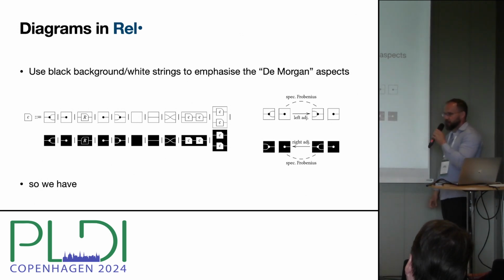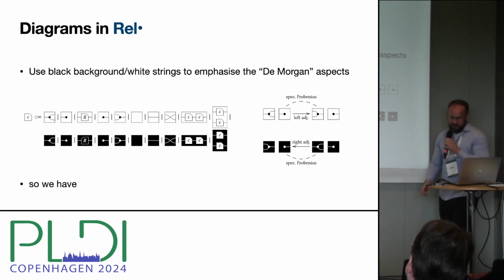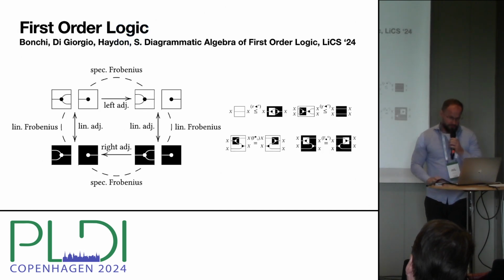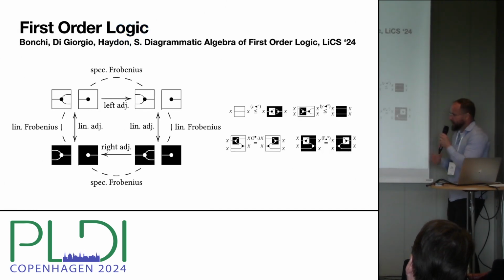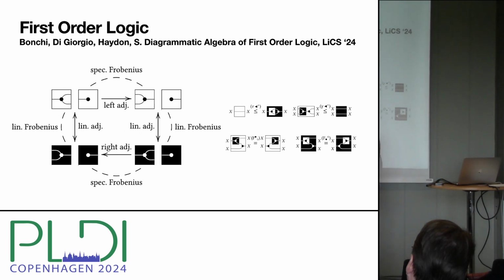So what's missing to get the full picture of first order logic? It turns out not very much. Here, you just have to add more Frobenius. First of all, you have to make sense of this thing, since we're now throwing everything together. What does it mean?